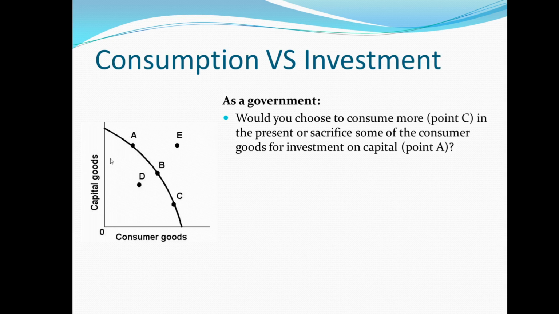So would you rather go to point C, producing more consumer goods, and give up a little bit more capital goods, or you would do the other way around? Would you produce more capital goods and give up some of the consumer goods? Yeah. So between A and C, as a government, what are you going to choose? Any opinions?